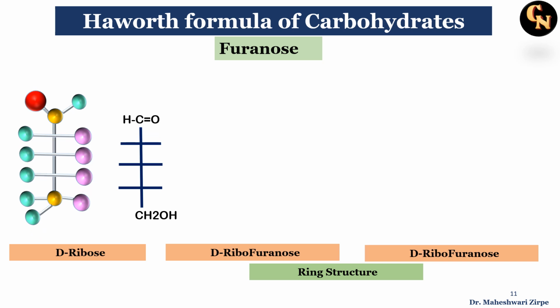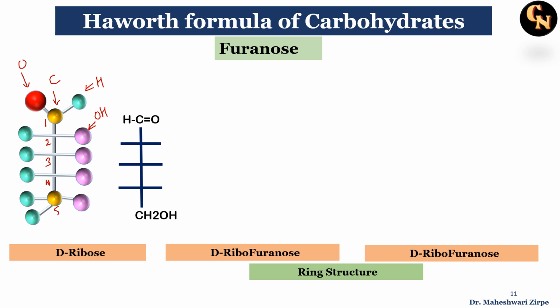Now here we are going to see the Haworth projection for D-ribose, and that also furanose we are going to draw. Ribose is a carbohydrate containing a 5-carbon chain. Again, green ball indicates hydrogen, pink ball indicates OH, yellow ball indicates carbon, and red ball indicates oxygen.